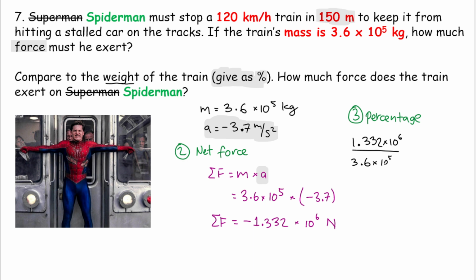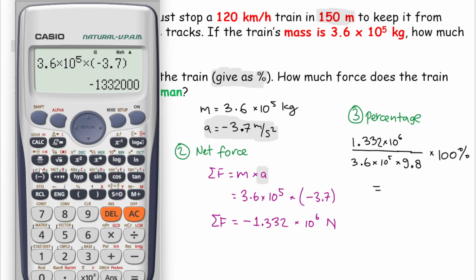But this is the mass of the train, so we still need to multiply it by the gravitational acceleration, which is 9.8, and then multiply by 100%. I think this one will be the job of our calculator.